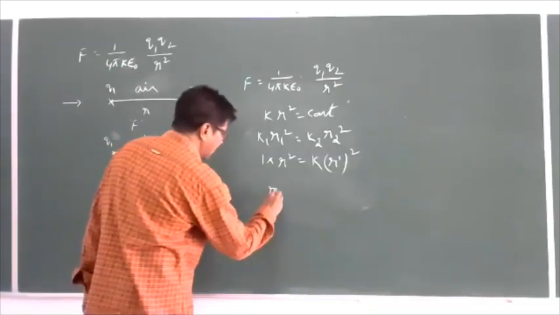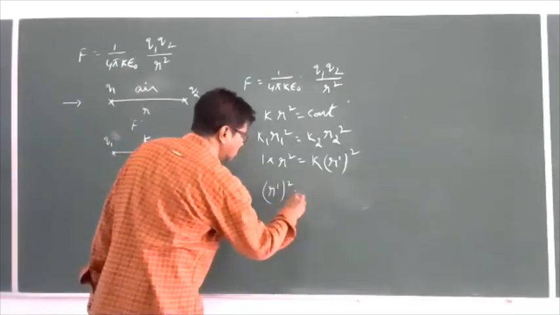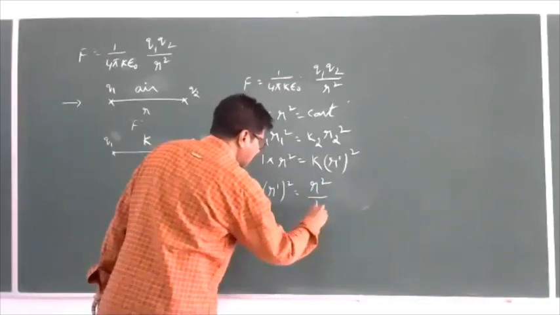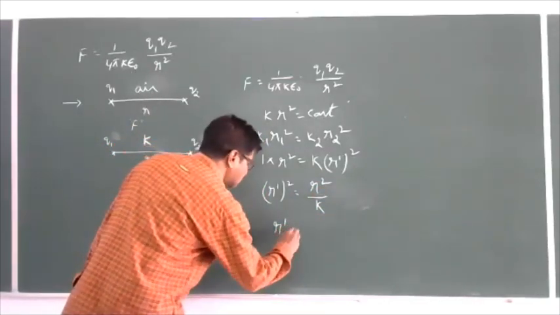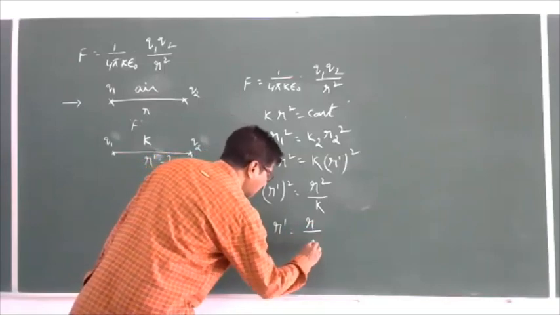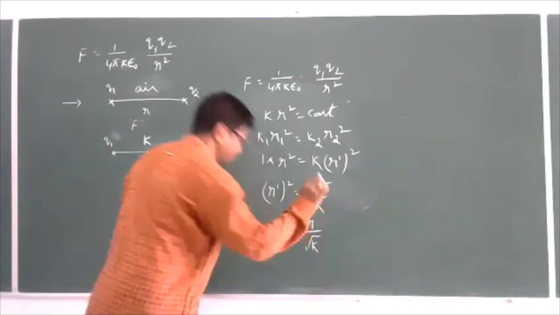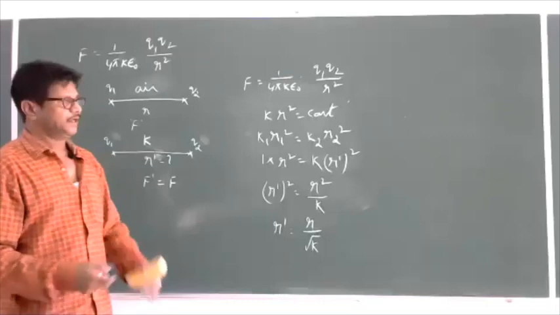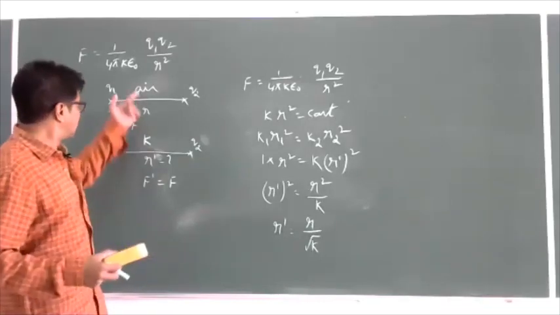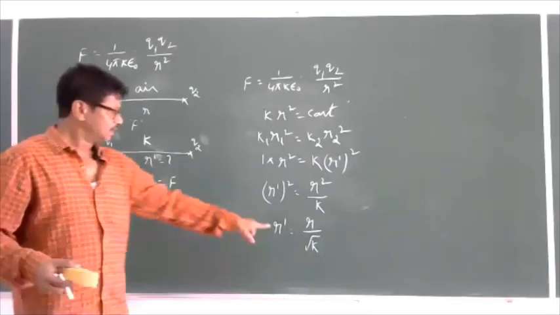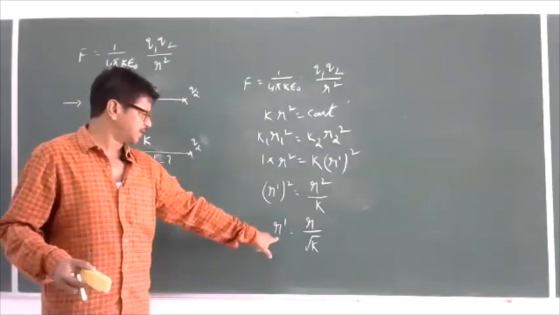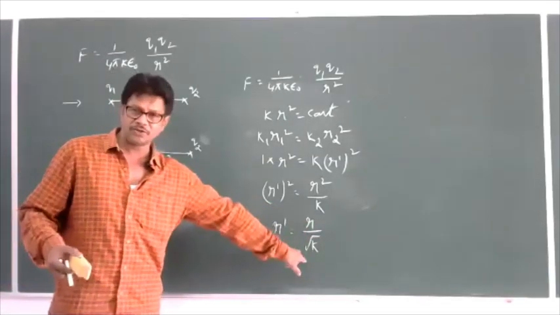Then R dash square is equal to R square by K, so R dash is equal to R by root K. In order to get the same force in air and other media, the new distance between the charges will be equal to this.